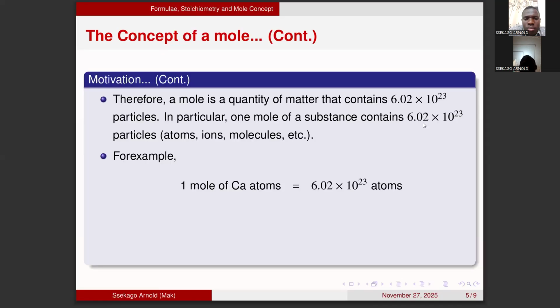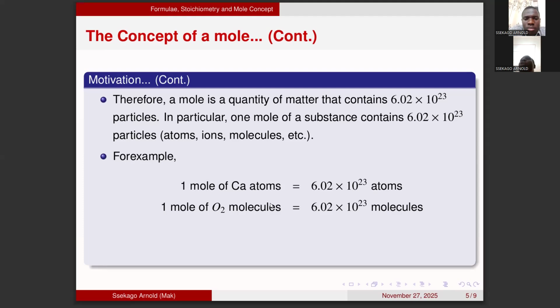I give a few examples. In particular, like the case of 1 dozen of books equals 12 books, here we shall say 1 mole of calcium atoms is equal to 6.02 times 10 power 23 atoms.